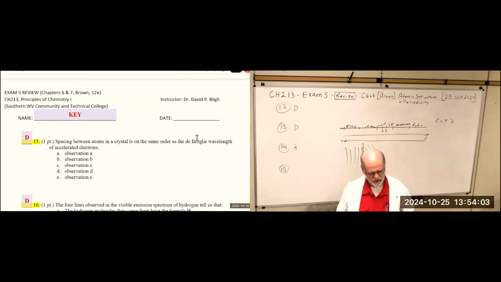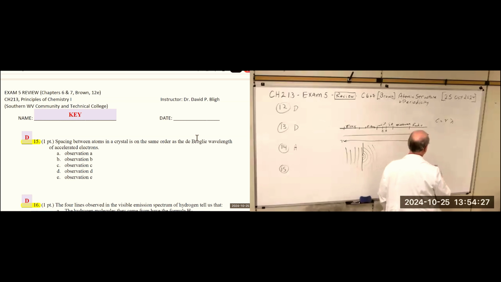And we didn't talk about this much in the lecture, but de Broglie proposed that based upon Einstein's theory, that matter and energy are equivalent. He says, well, matter should be able to have wave properties in that case, right?